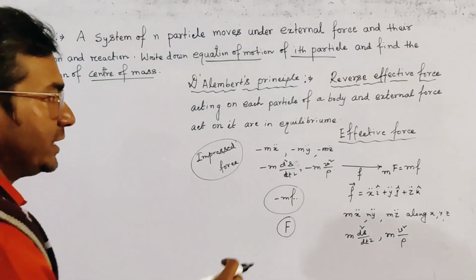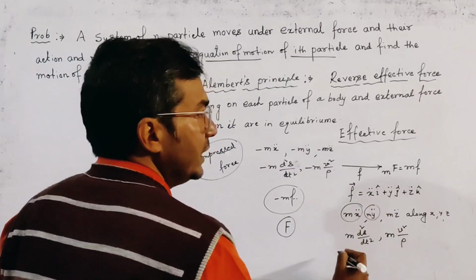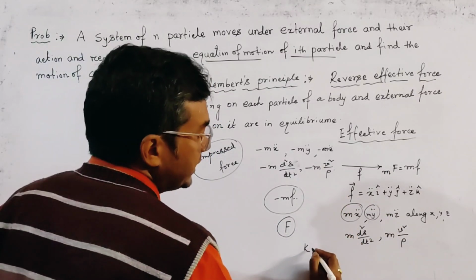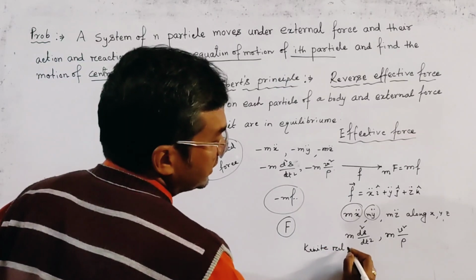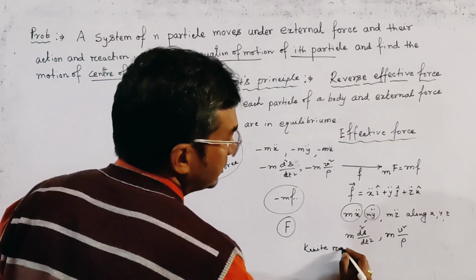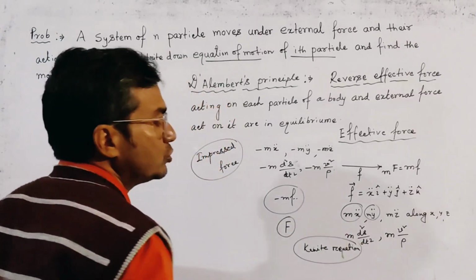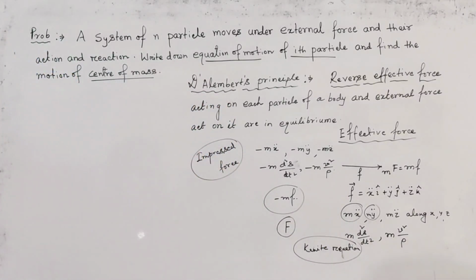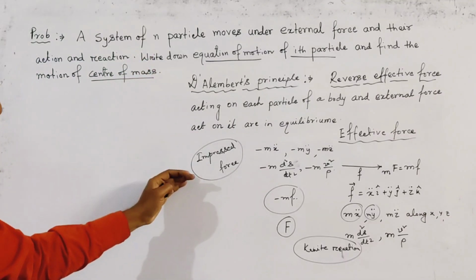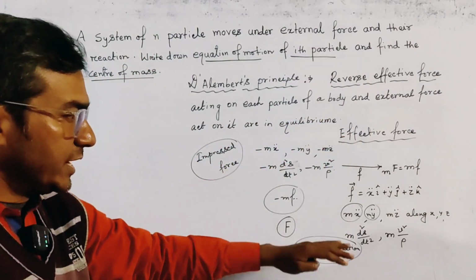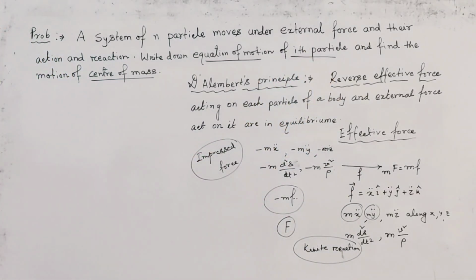And the effective force we already discussed is also known as kinetic reaction. So these are the impressed force, the effective force, which is also the kinetic reaction, and the reverse effective force.